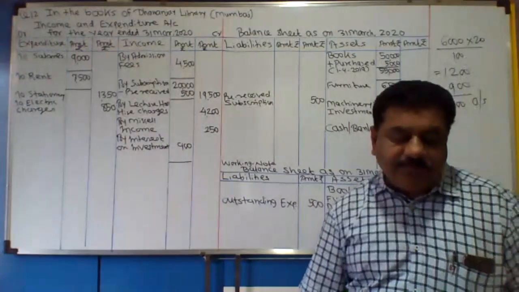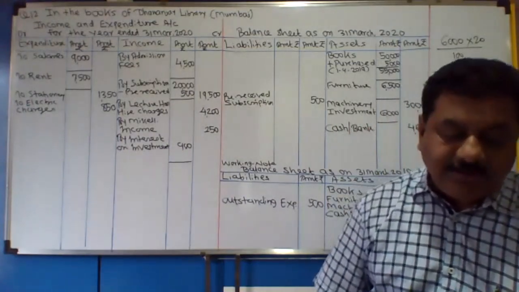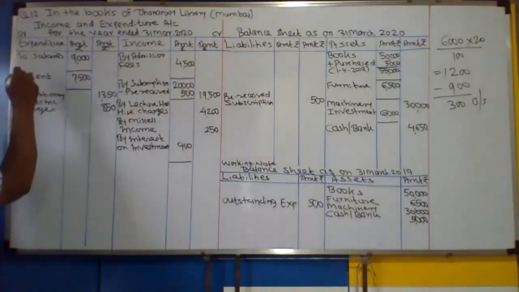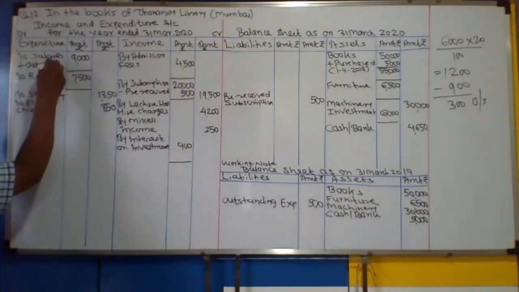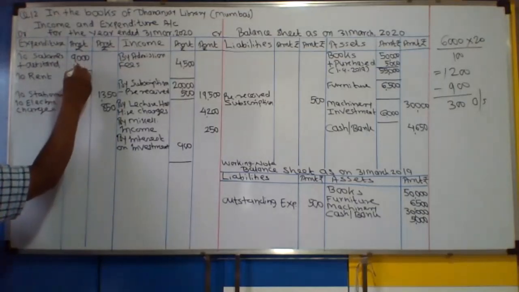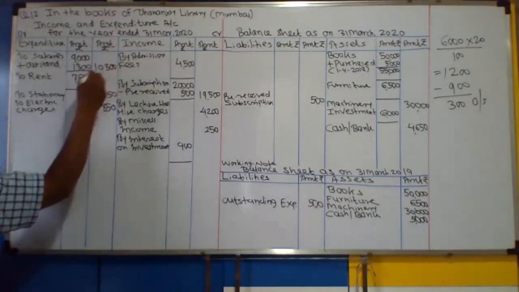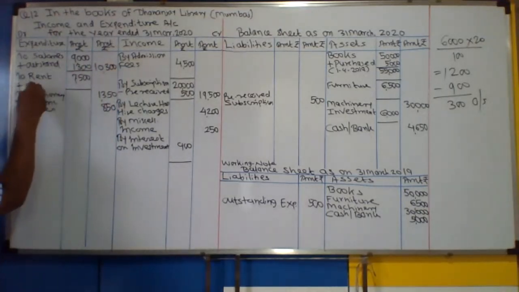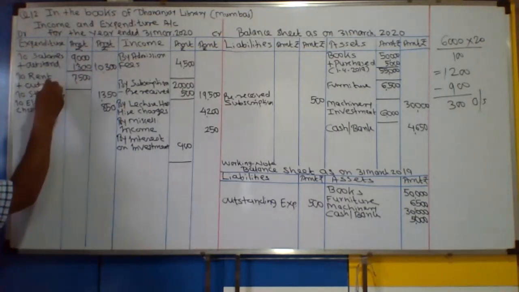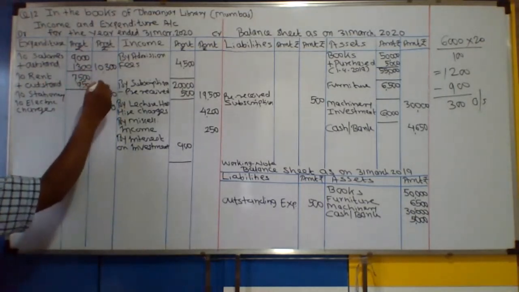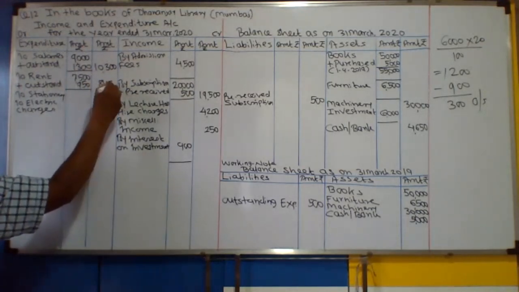Outstanding salaries are 1,300. Rent is 950. This is for the current year. Add the current year outstanding. Outstanding salaries 1,300, outer column 10,300. Outstanding rent is 950, outer column is 8,450.